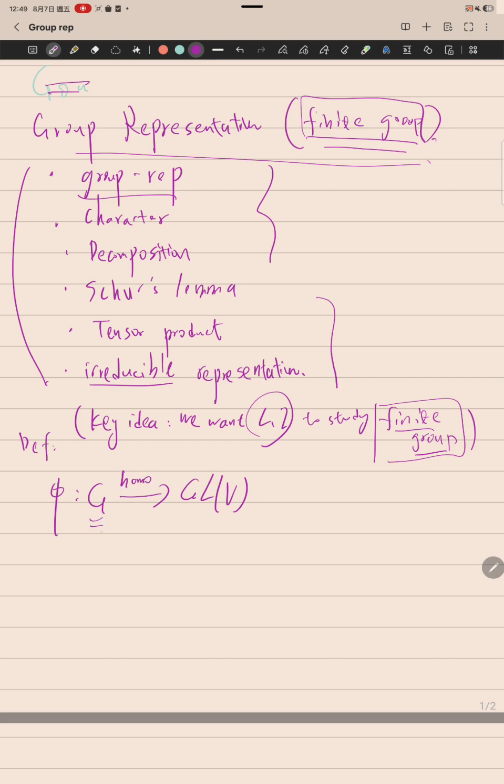G is a finite group, and actually you can define it as an arbitrary given group. GL(V) is the general linear group, so it's all the linear transformations from V to V which are invertible. We only consider finite-dimensional representations, so we can define determinants. You can work over any field, but usually we work with the complex field.